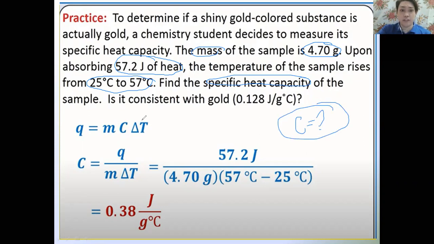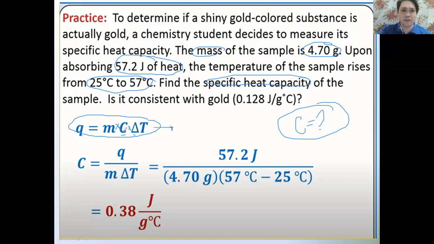So we will use the formula. The formula is Q is equal to mass times C times change of temperature, or increase in temperature.